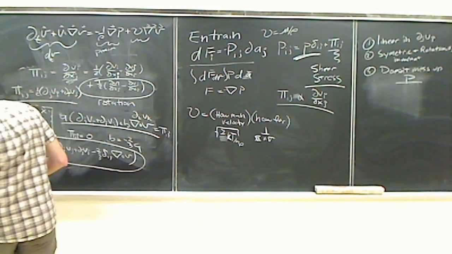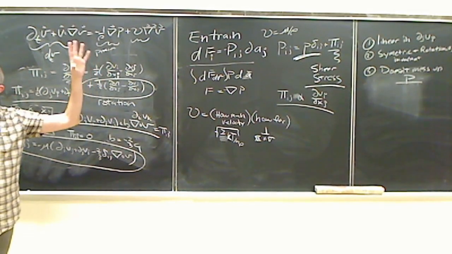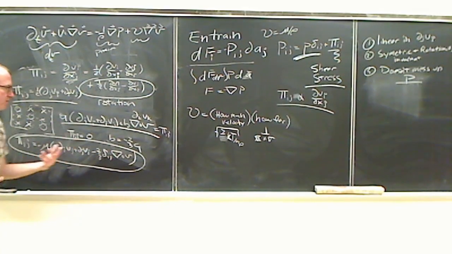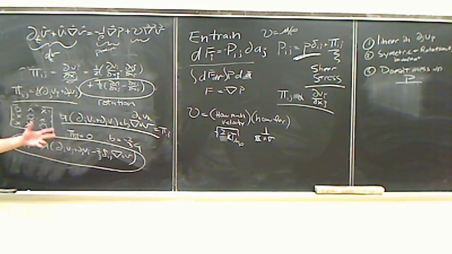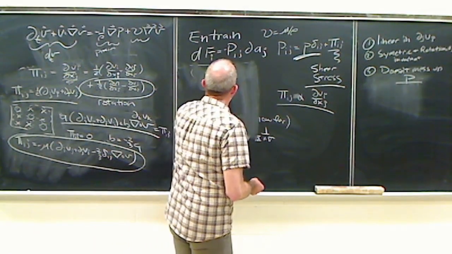So it's linear in the derivatives of the velocity, it's symmetric and rotationally invariant, and it doesn't mess up the pressure. So we need those things to be true to write down what our momentum transfer term is going to look like. So after we've done that, then we're left with this, which is kind of gross. We're going to do a little bit of calculus and make it simpler in like 1 second. So I'm going to leave this up here, and I'm going to get rid of all this.